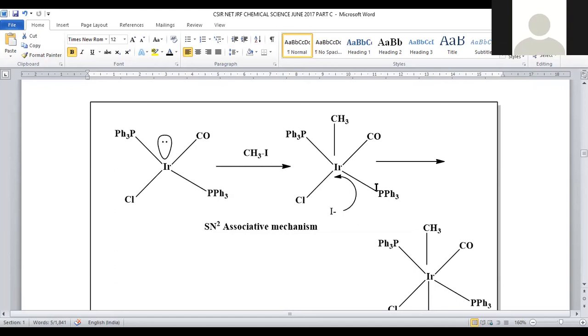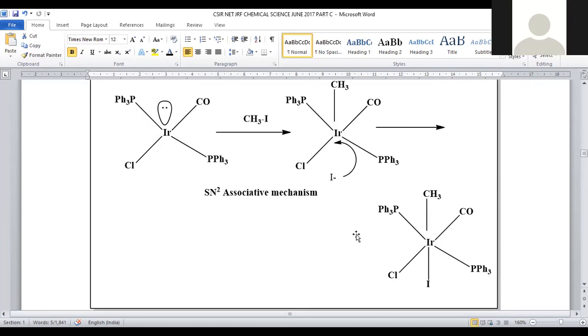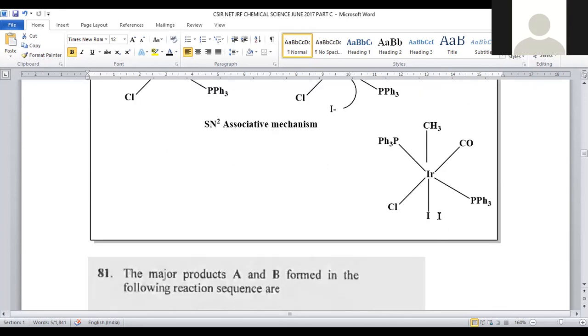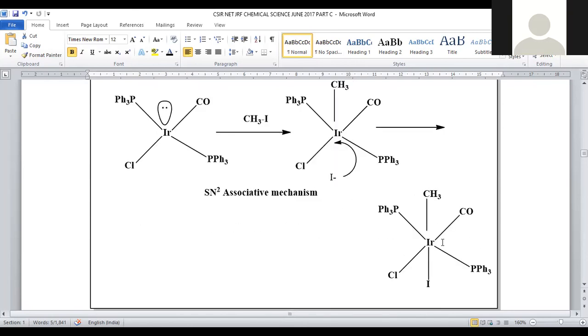Methyl group will be first added so that it is converted into a penta-coordinated compound. Later, one more vacant site is present on this central iridium, so that it will be accompanied by I minus. So in this manner, it will be very clear to contribute methyl and iodo in the octahedral complex. Both are trans with respect to each other, then only the stability will be imparted to the compound.